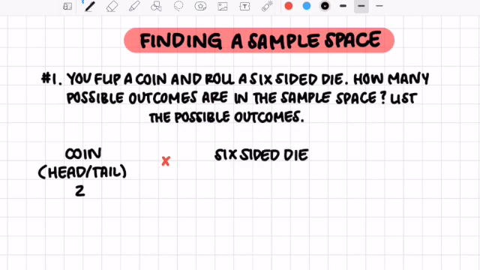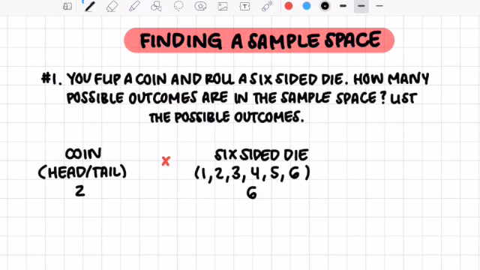In a 6-sided die, again, we already talked about it. We said that there are 6 different outcomes. We could drop and get a 1, a 2, a 3, a 4, a 5, and the last one is getting a 6. So in this case, we have 6 different outcomes that could possibly happen.